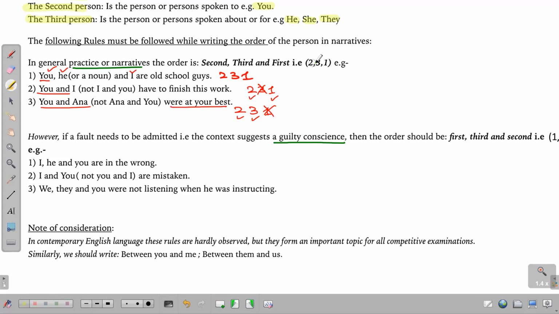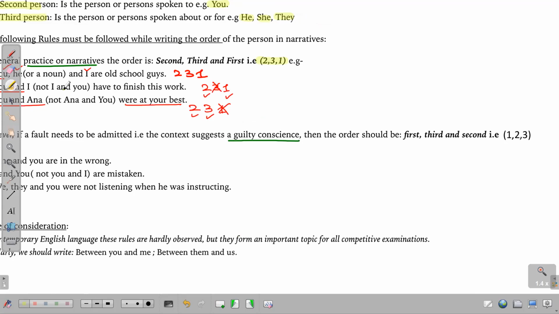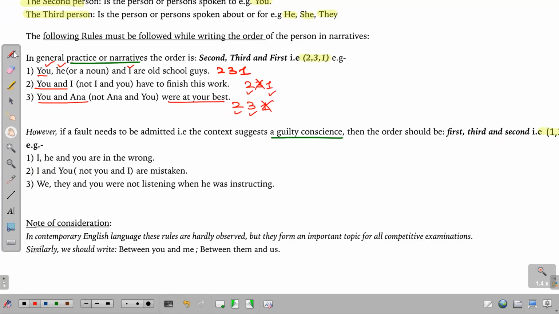Again, very, very good. 99% of people do not know this rule, or even if they do, they will not be applying it. So please keep it in mind. However, the order changes when a fault needs to be acknowledged. Then the order goes 1 2 3. For example, when I say "I, he, and you," this is wrong. It should be "I, you, and he." So 1 2 and 3.